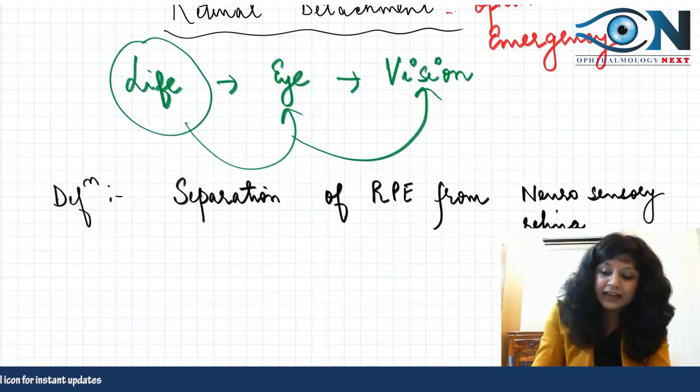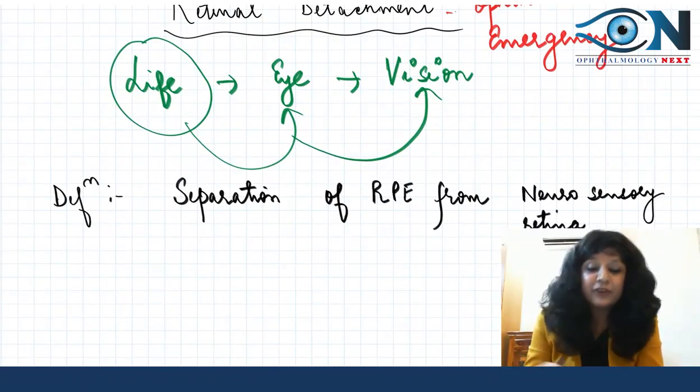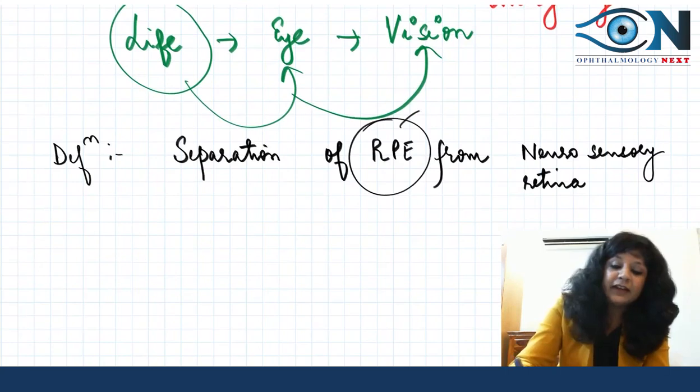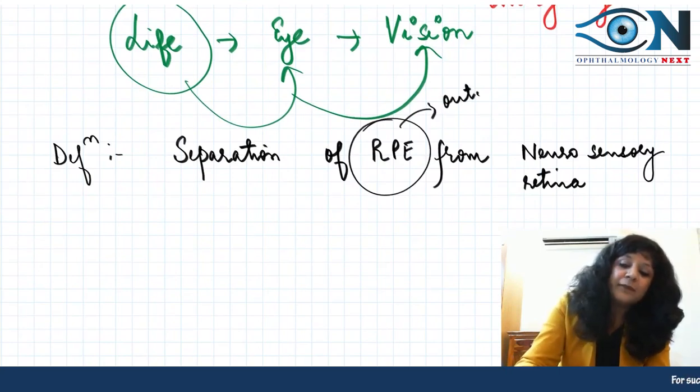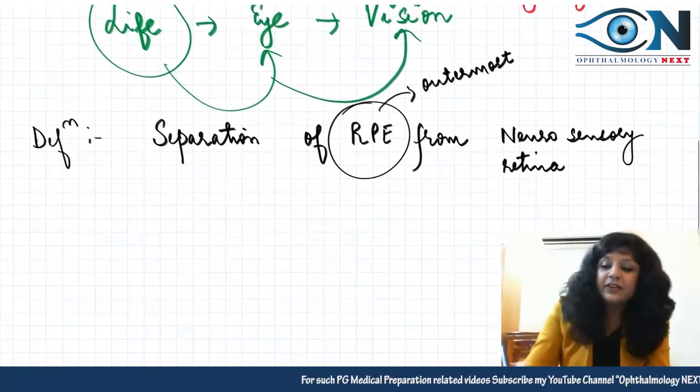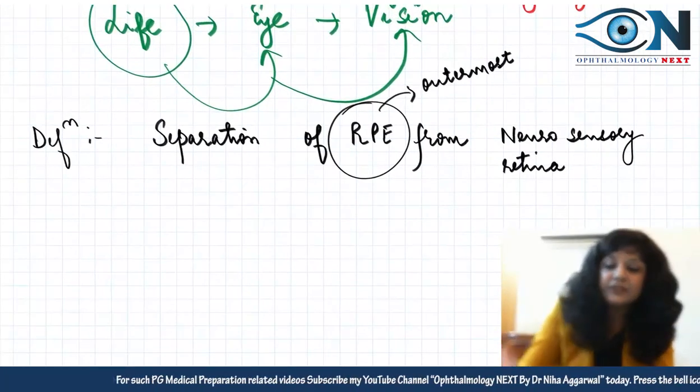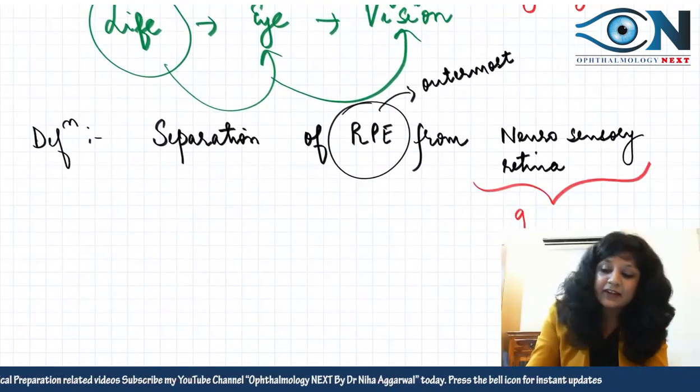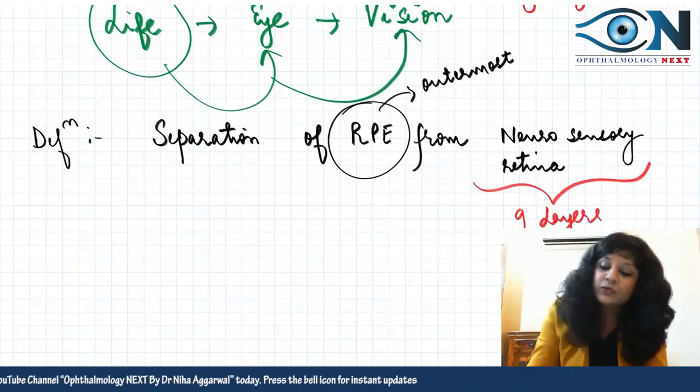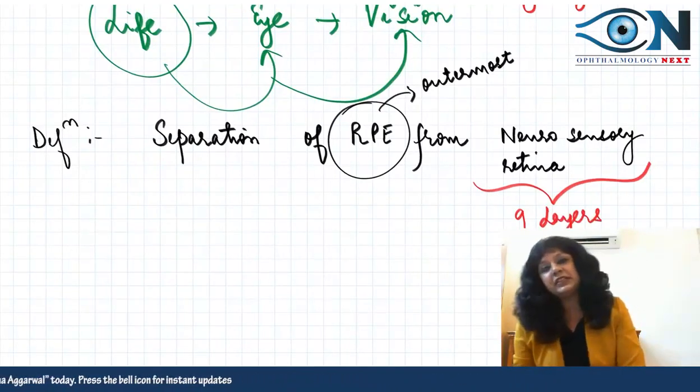Now let's quickly revise the layers of the retina. The outermost layer was the RPE layer, and the rest of the 9 layers will form the neurosensory retina.